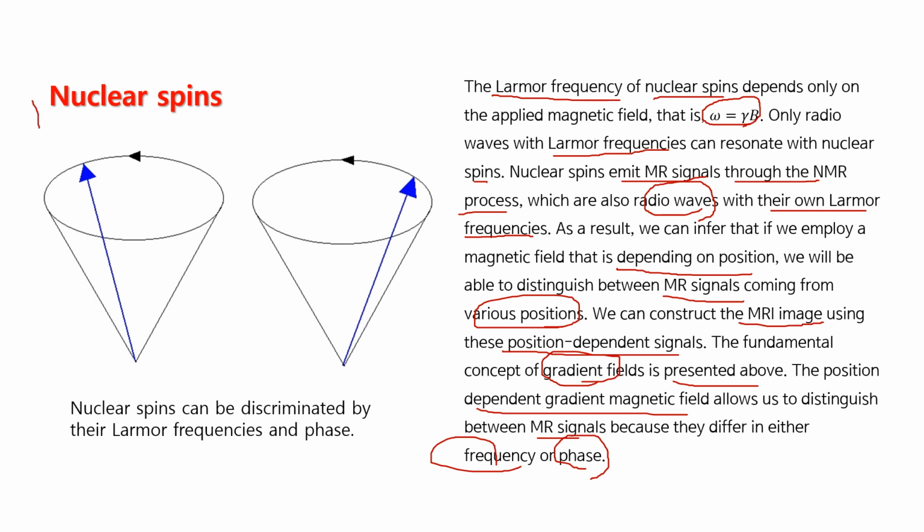So for nuclear spins, if their Larmor frequencies are different, we can distinguish them. Even if the Larmor frequencies are the same, if their phases are different, then we can also distinguish them. So nuclear spins can be discriminated by their Larmor frequencies and phase.